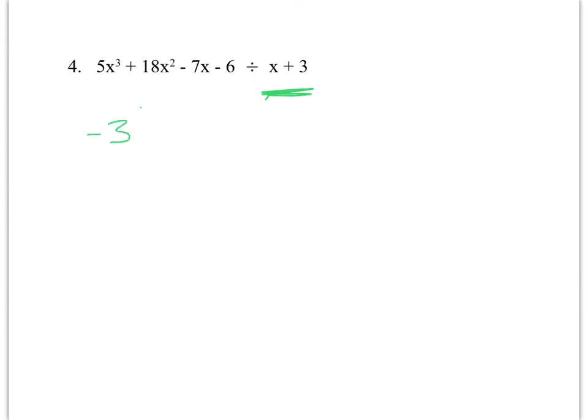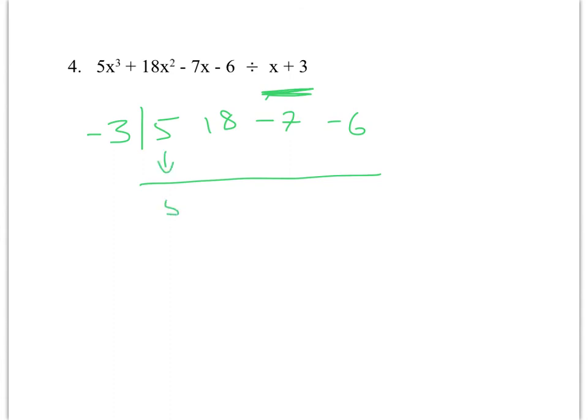I'm going to build my wall. I'm now going to take the coefficients of my dividend, which are 5, 18, negative 7, negative 6. Draw a line. Bring the 5 down.